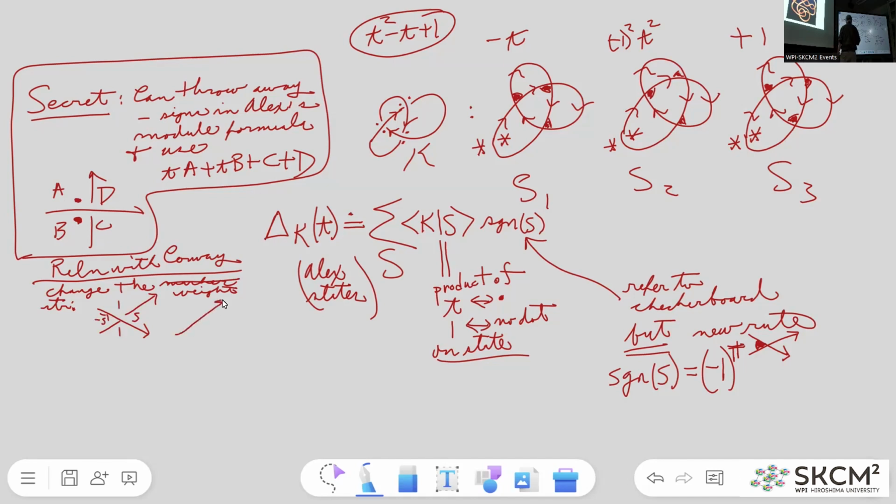And we're going to have for a negative crossing S inverse, minus S, 1 and 1. And the Conway polynomial is going to be equal to the sum over these states of the weights times the sign of the state.